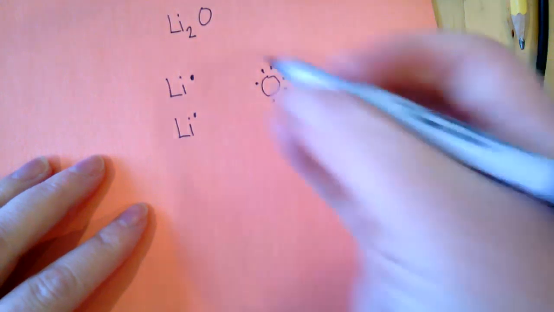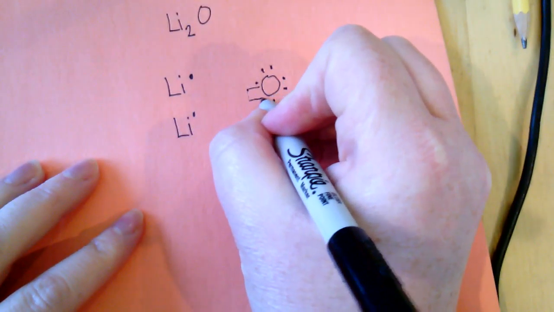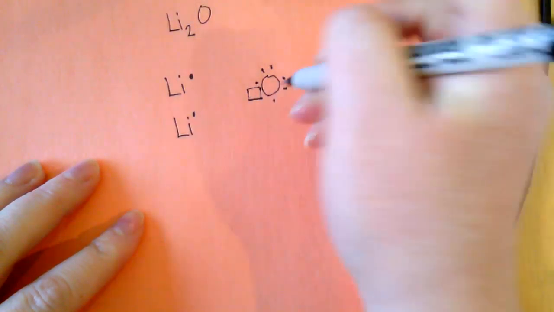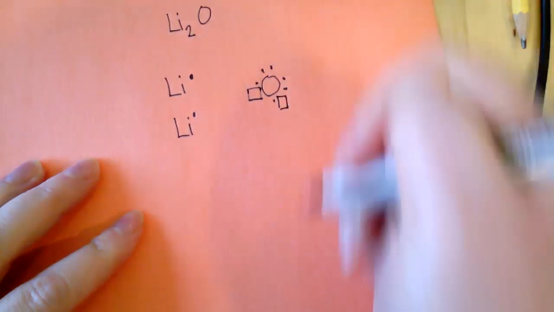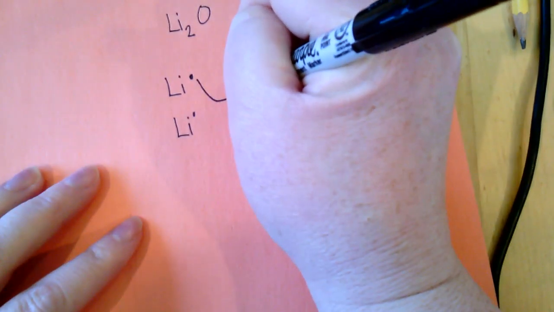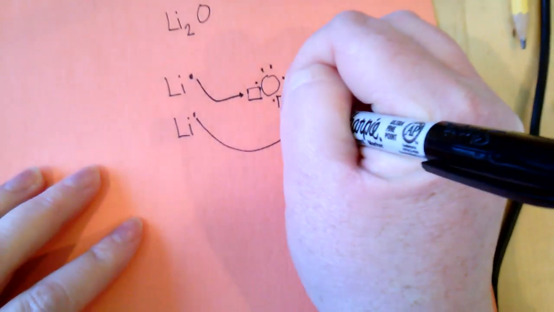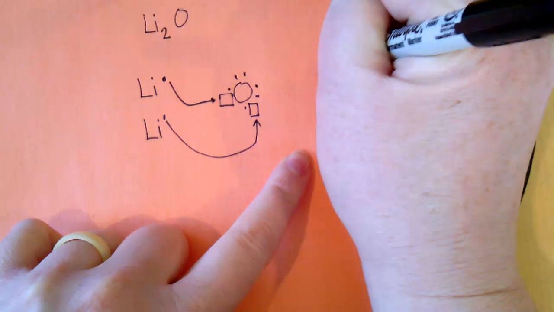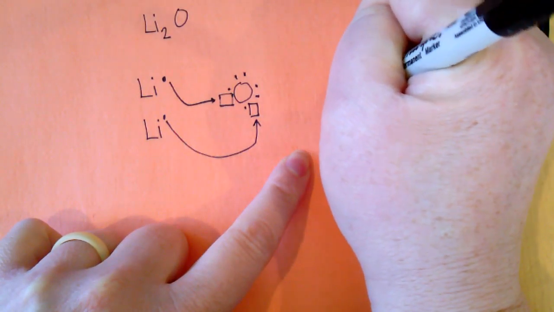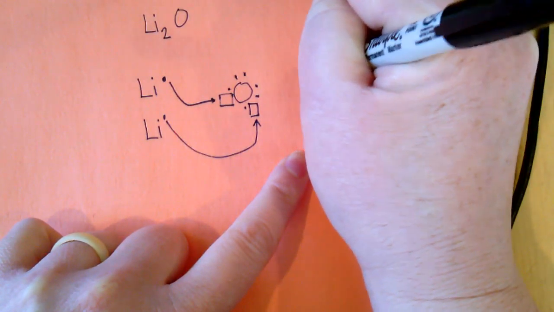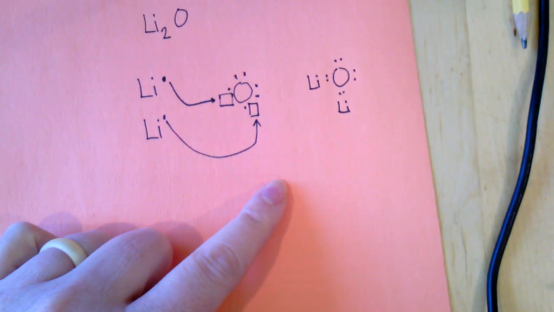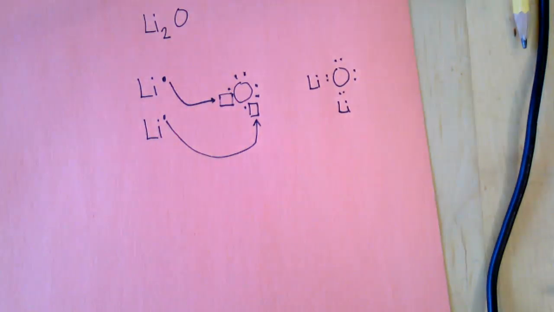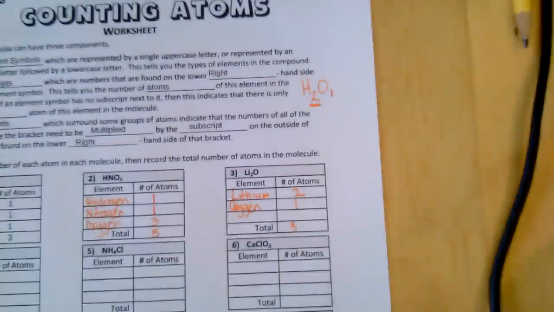If you notice, there's a parking spot open here, as I like to call it, and a parking spot open here. So this valence electron is going to march up here, and this one's going to march up here. And then the molecule will actually look like this. That's kind of bonding. So that's just a look ahead and why we're doing this.